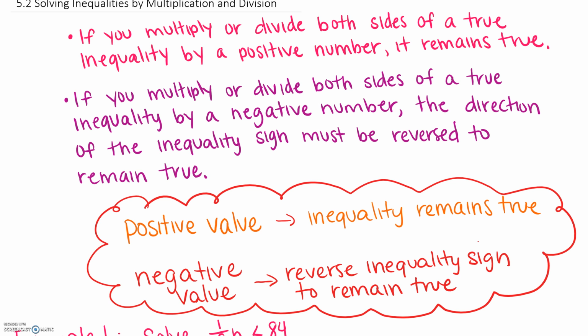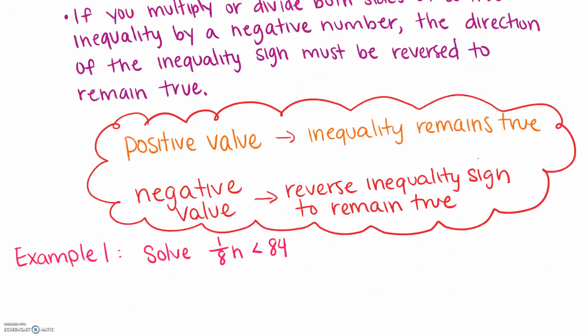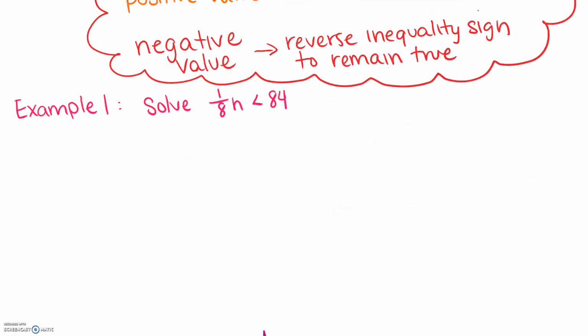Let's start out by looking at example 1. In example 1, we are going to solve 1/8 n is less than 84. To solve this, we can multiply both sides by the denominator 8.